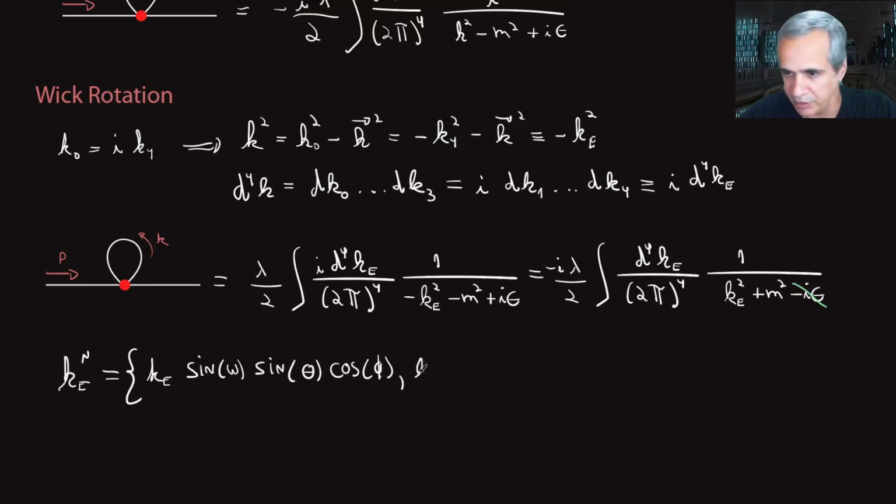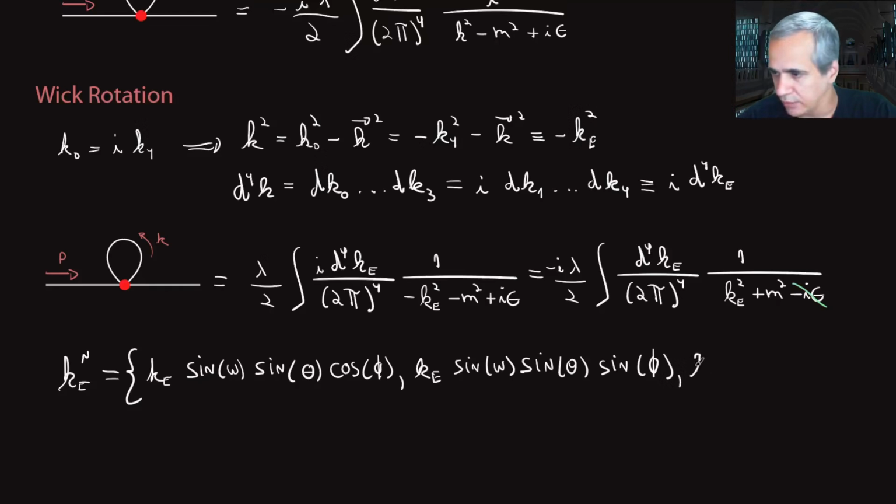The second one will be k sine omega, sine of theta, sine of phi, and then k sine of omega, cosine of theta, and finally just k cosine of omega.